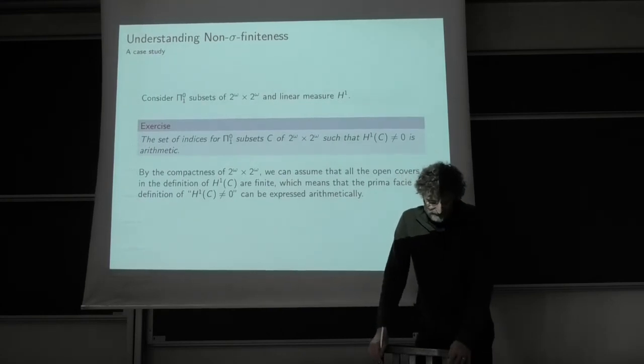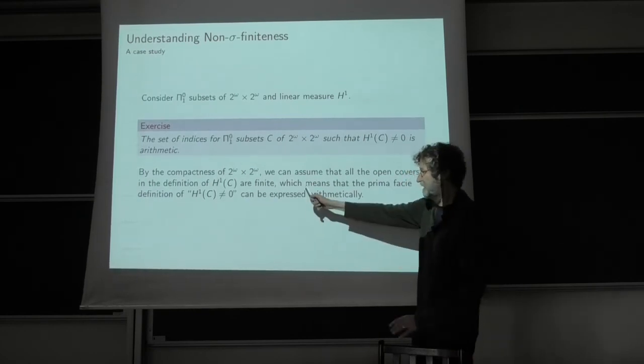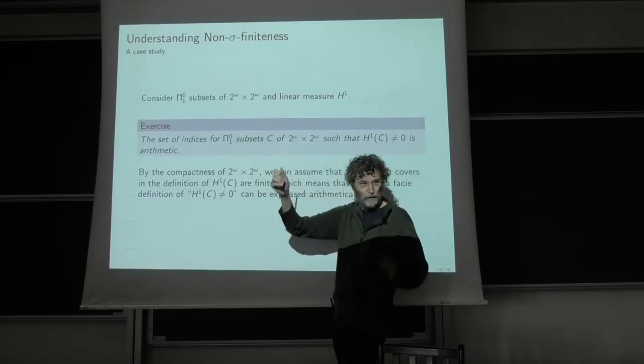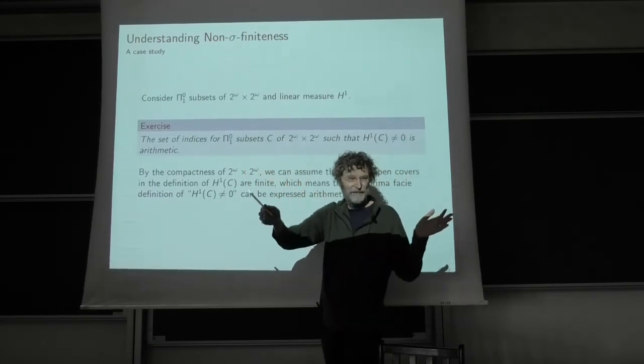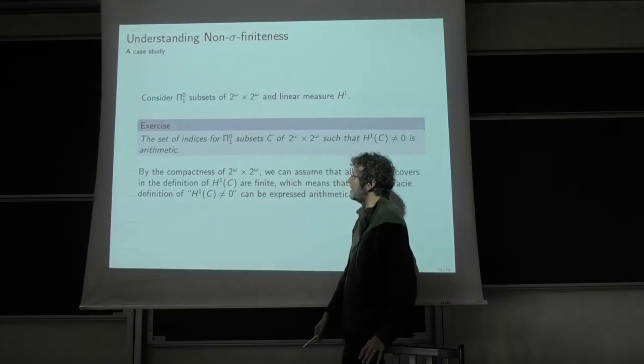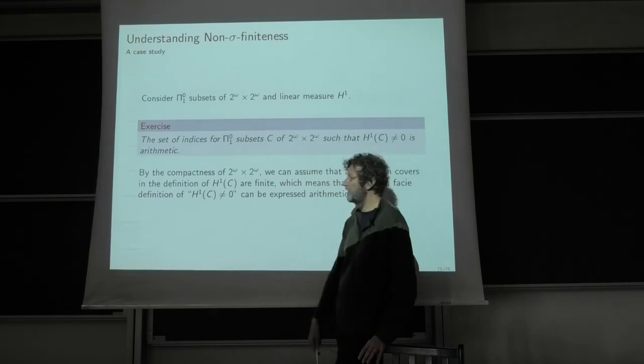Okay, so there. If we look at the question for just having positive measure, the set of indices, so that's the set of pi 1, 1 definitions. For all n, some recursive thing holds, of the initial segment up to length n.